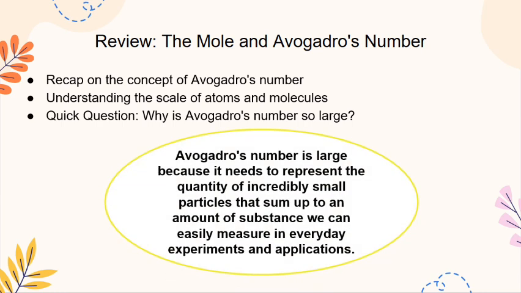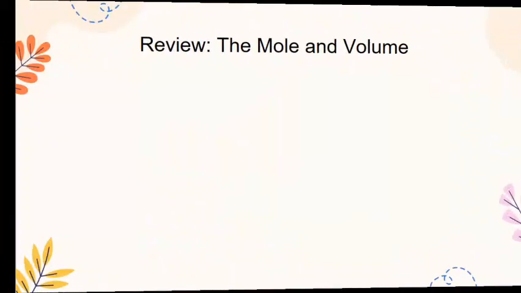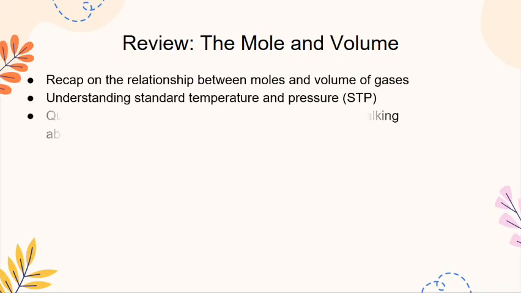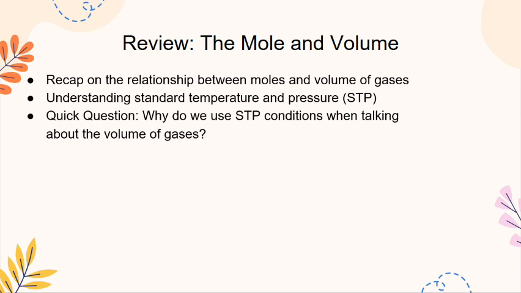Okay, so there you go. Why do we use STP conditions when talking about the volume of gases? I think I've made mention of this in the course of the explanation, but you can also think of your own answer.